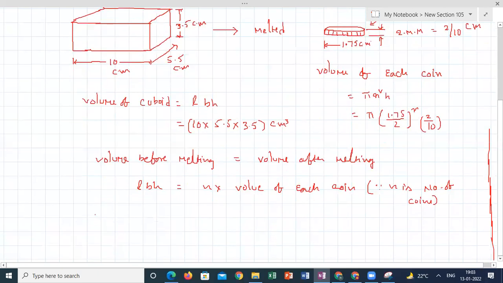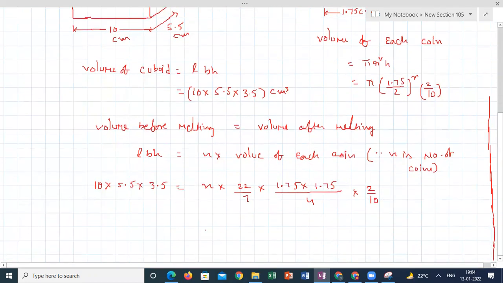So LBH is 10 into 5.5 into 3.5 is equal to N into 22 by 7 into 1.75 into 1.75 divided by 4 into 2 by 10. Calculate and let me know how many coins you can make from this.